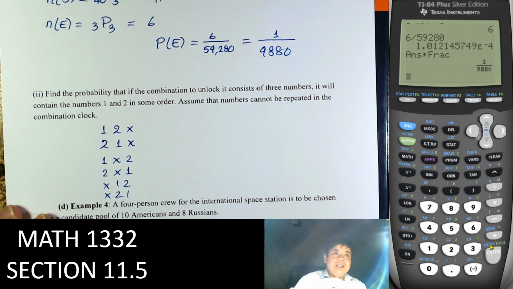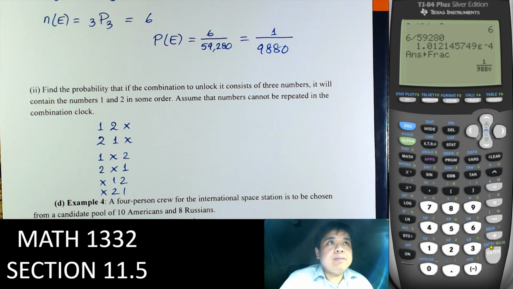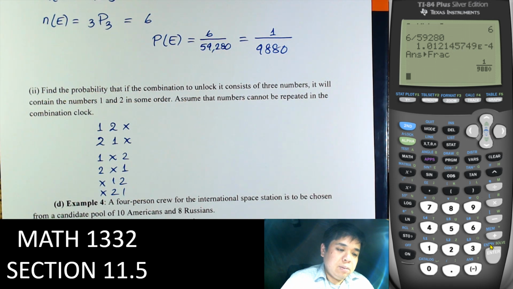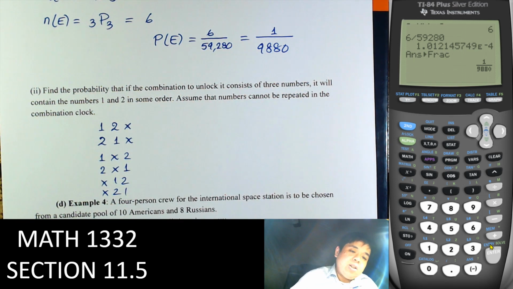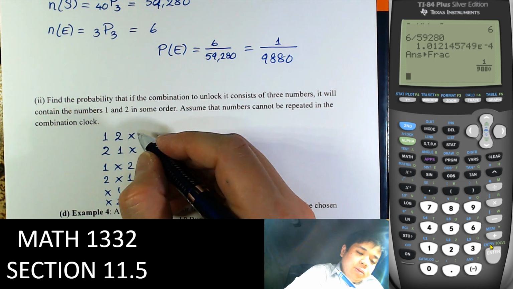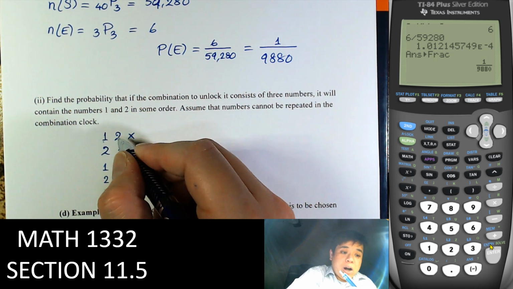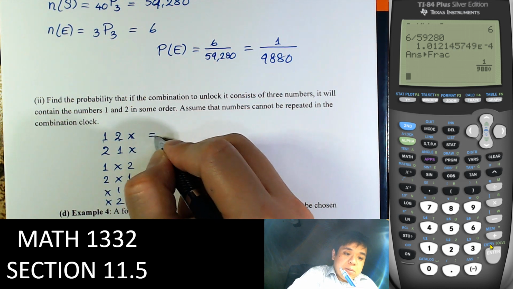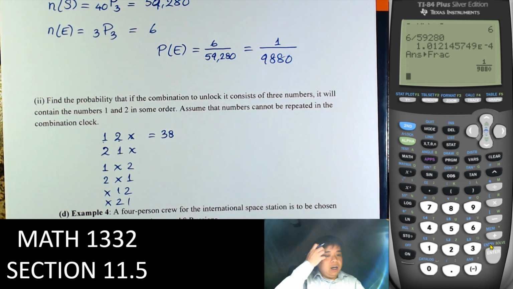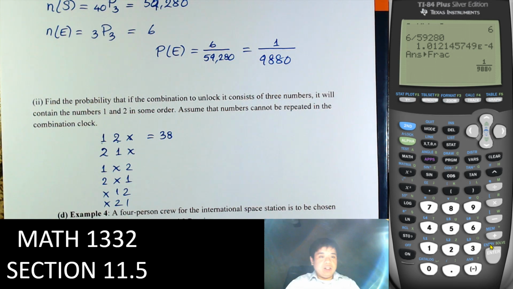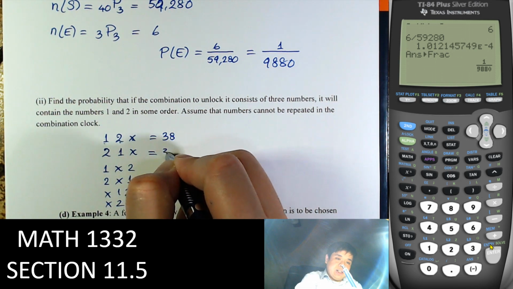So those are 6 scenarios, and each time there's 38 choices for x. To choose 1 and to choose 2, there's only one option. The x could be anything, so that's 38 for the 1, 2, x combination. For the 2, 1, x combination, there's also 38 ways.